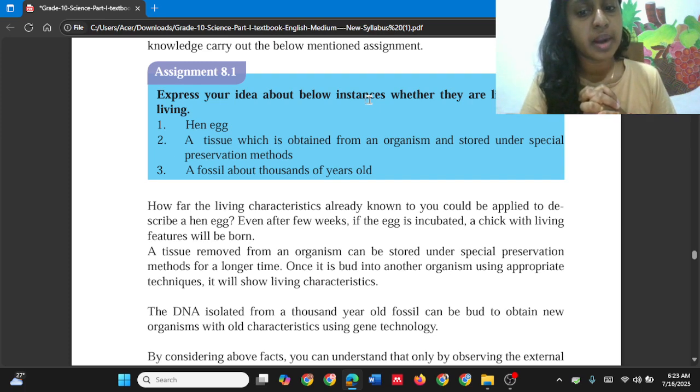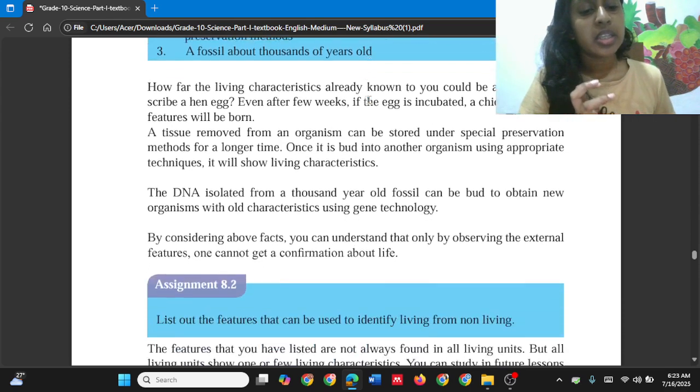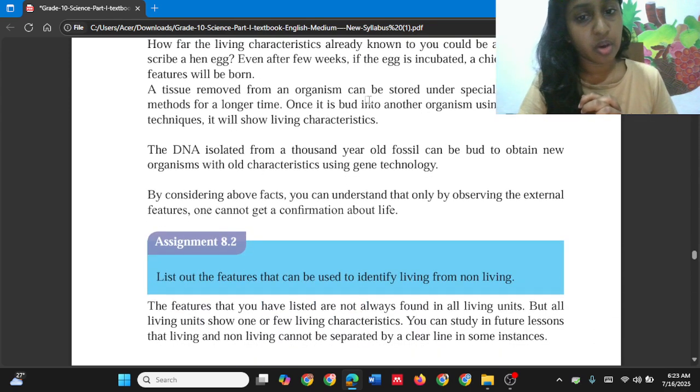Once it is budded into another organism, using appropriate techniques, it will show living characteristics. The DNA isolated from a 1,000-year-old fossil can be used to obtain a new organism with old characteristics using gene technology.